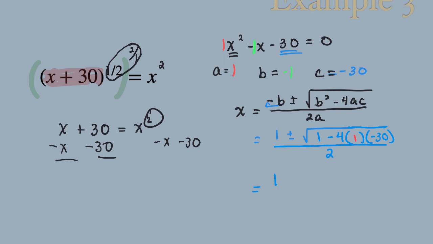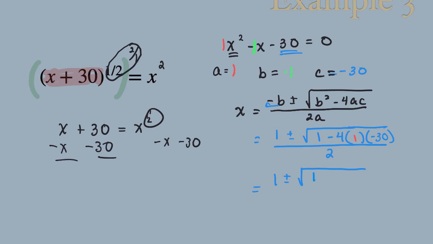So let's figure out what the discriminant is. The discriminant is what we call the radicand when it's solving the quadratic formula. So this is referred to as the discriminant. So -4 times 1 is -4, times -30, so that's going to be plus 120, plus 1, so 121.